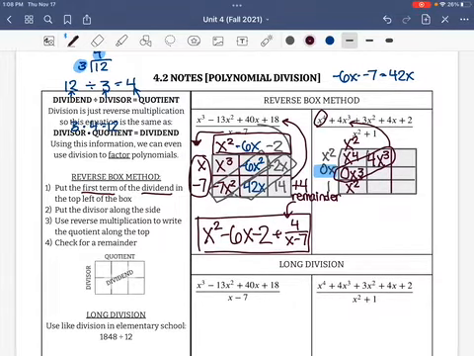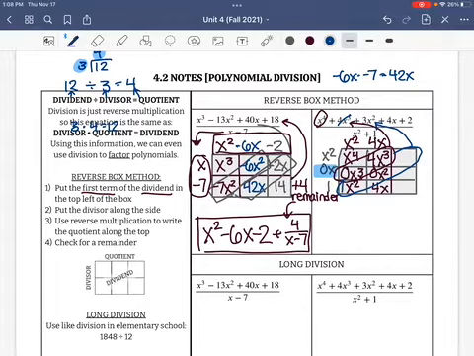Then I ask myself, what do I multiply x squared by to get 4x to the 3rd? 4x. And I take that 4x and I multiply it the rest of the way down. And then I worry about my next diagonal of x squareds, making sure that they add up to 3x squared.